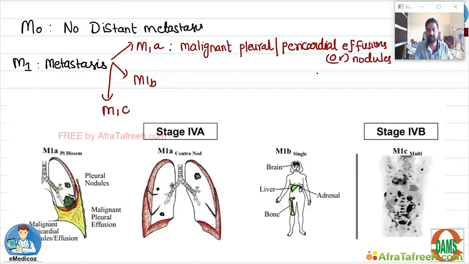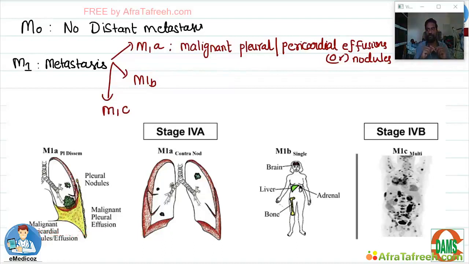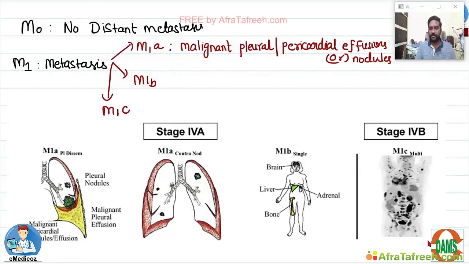So the patient is having a collection of fluid in the pleura or pericardium, and you have noticed it is filled with malignant cells. Or there can be nodules on the pleural surface or pericardial surface which were positive for malignancy on biopsy. So either pleural effusion or pericardial effusion or nodules on the pleural or pericardial areas which are suggested to be malignant.